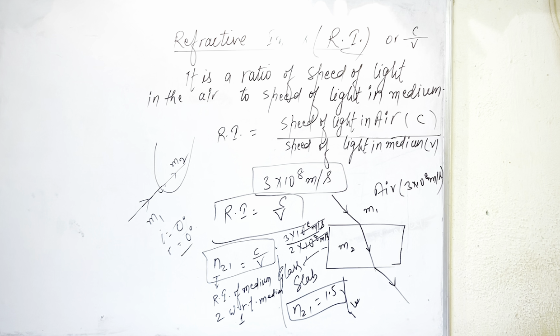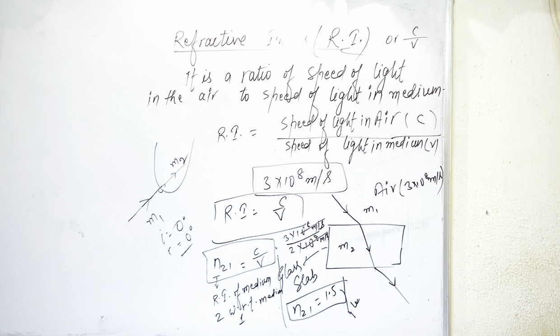Then how can you write the refractive index of medium 2 with respect to 1? Refractive index is denoted by n. So what does it mean, the refractive index of 2 with respect to 1? This is very important to all of you. This is a very simple term that I have written here, but it is very difficult to understand.